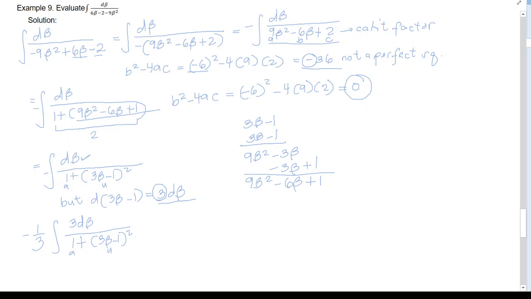So for this one, we use arc tangent again. So that is also equal to negative 1/3 multiplied by the value of a, which is 1 over a, that is 1 over 1 is still 1, arc tangent of u over a, which is 3β minus 1 over 1, plus c.